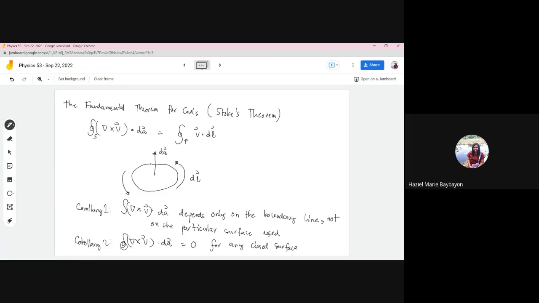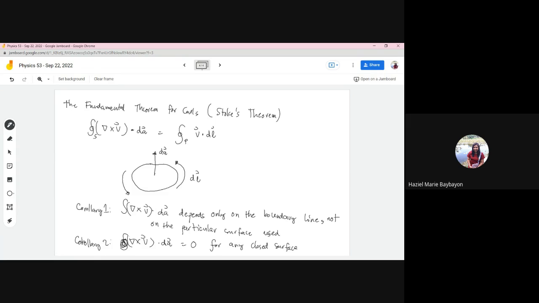Okay, so the reason is, if the closed integral of the curl of V dot dA is equal to 0 for any closed surface, this is because the boundary line shrinks to a point.